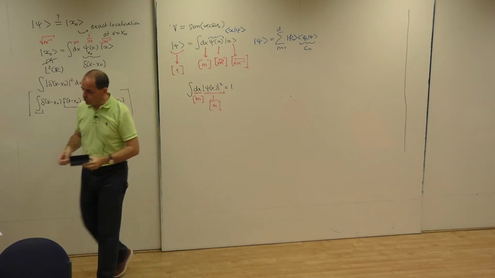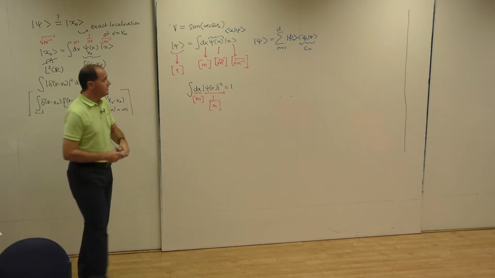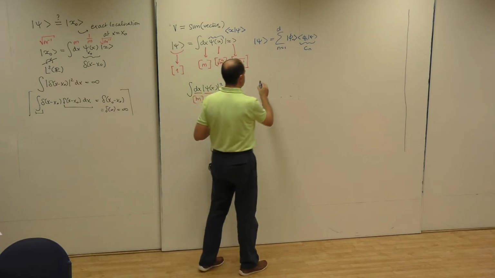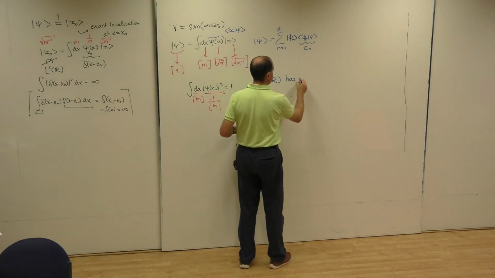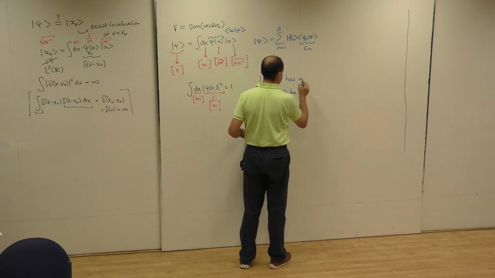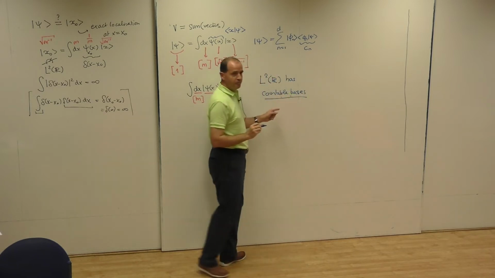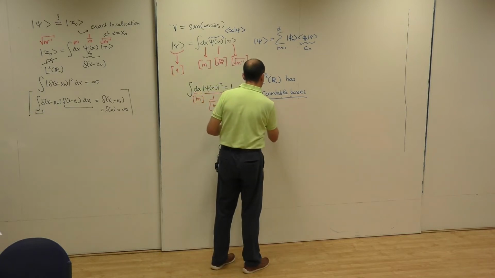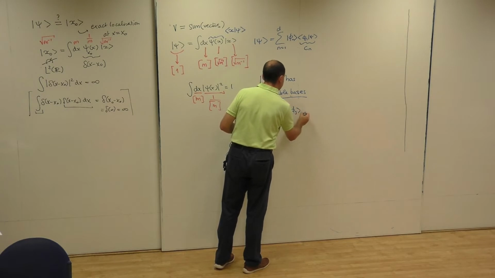Now, the other remark I want to make, some of you have asked it before, is the following, is that this Hilbert space, L2 of R, has countable bases. Countable means that there exist bases that can be written as phi 1, phi 2, phi 3, and so on.